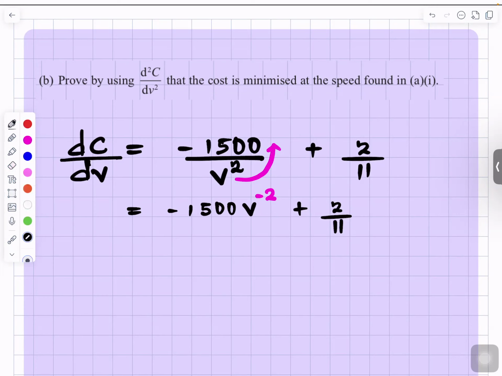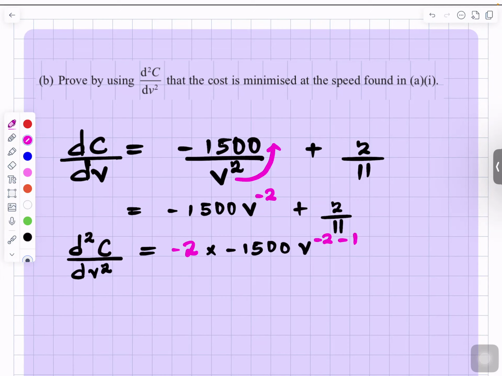So to get d squared C over dV squared, multiply by the power. The power is minus 2 times minus 1,500 V, and subtract 1 from the power, V to the minus 2 minus 1.